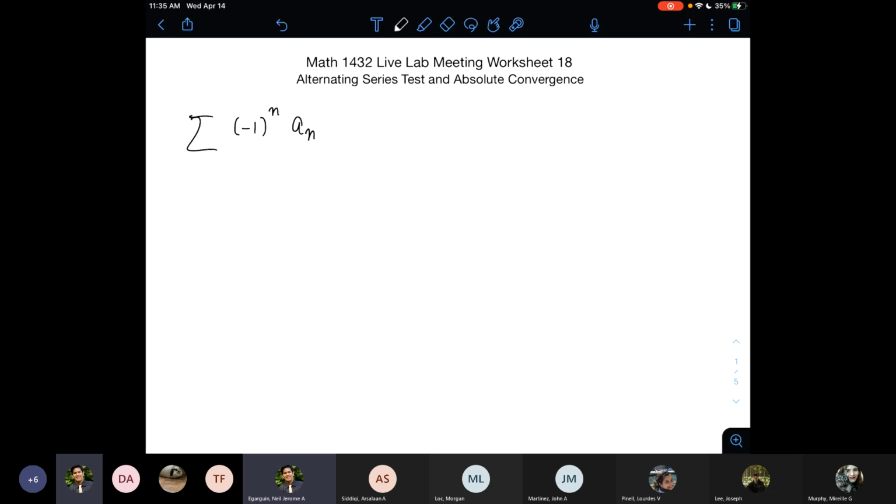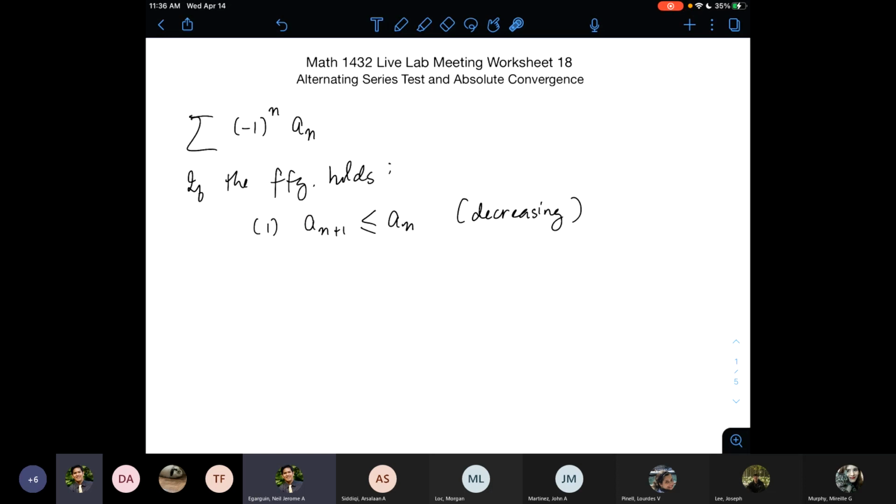And then the test says that we need to check for two things. So if the following holds, test one would be a sub n plus 1 is smaller or equal to a sub n. This means we have a decreasing sequence. I don't know what the exact version of the AST that was given in the lecture.